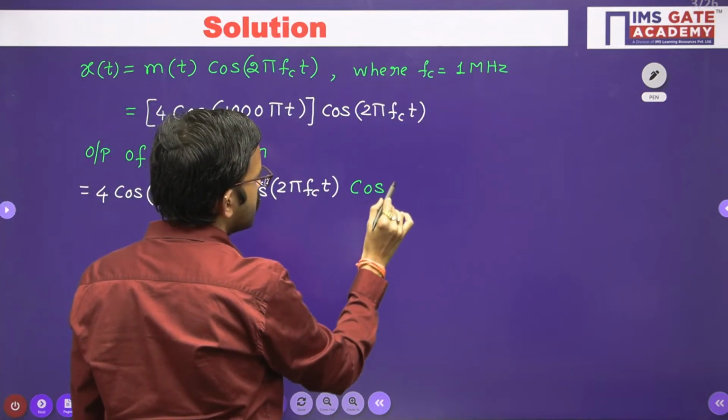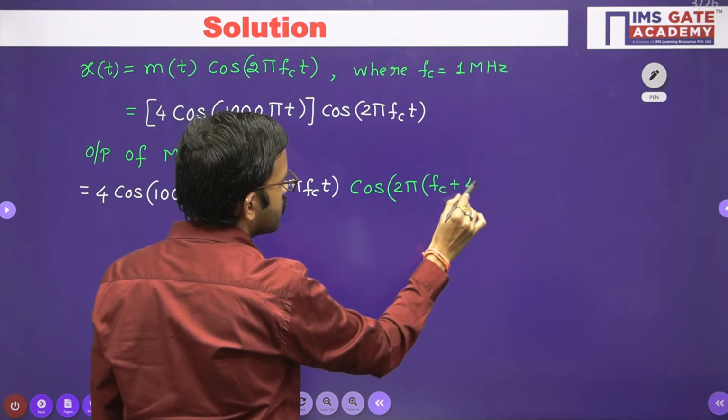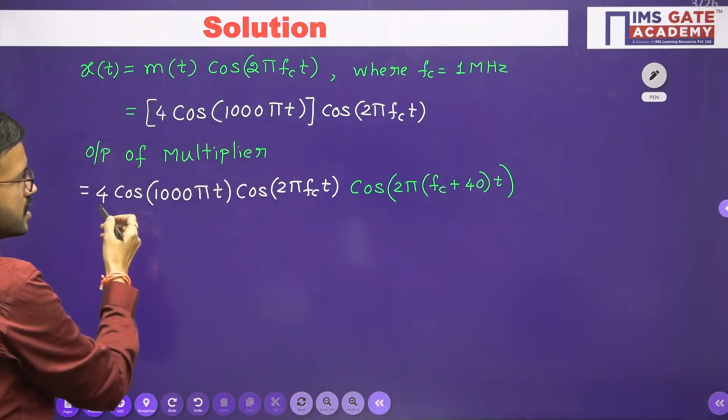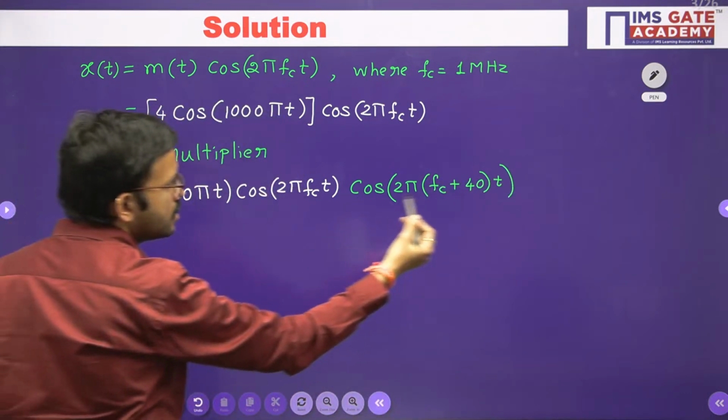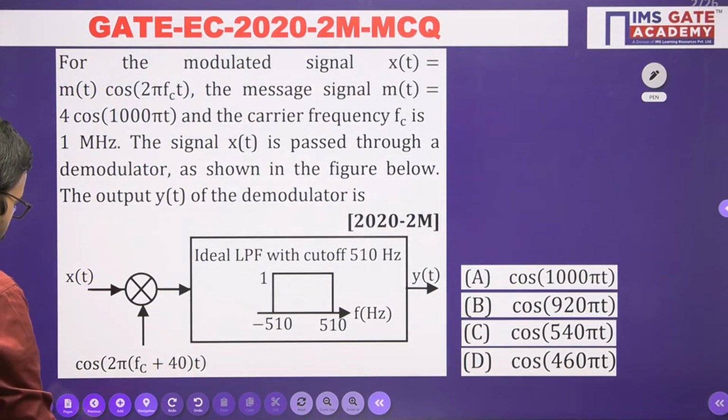So this is the x of t signal and this is the carrier signal.